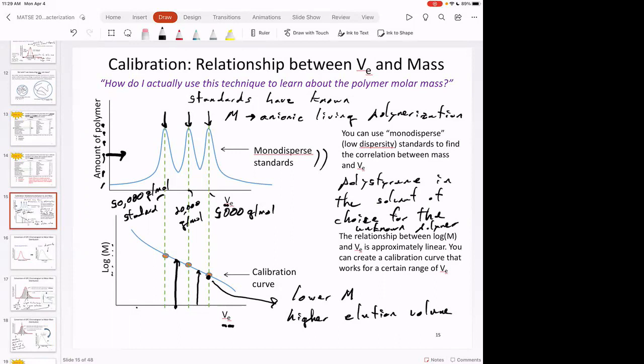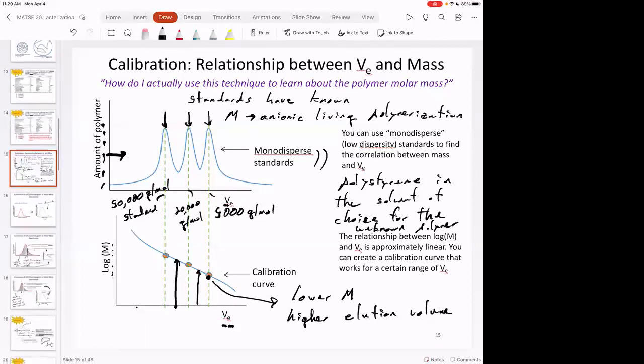Or I might ask you about what type of detectors are used in size exclusion chromatography. And so you could tell me about that. So you want to take a peek at these slides and try and understand step by step how this process works, and ask questions about it in the next couple of weeks.